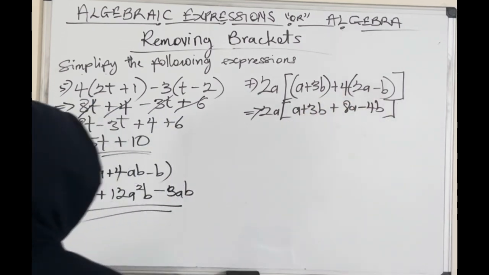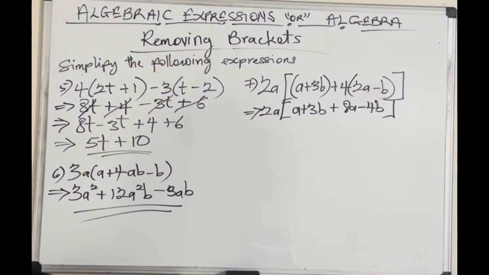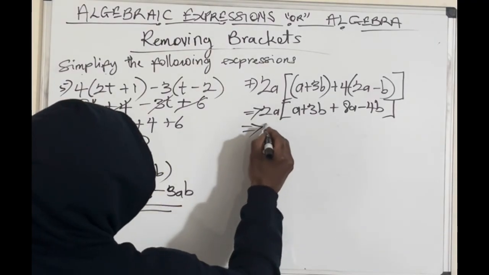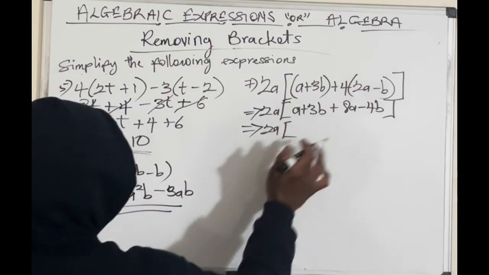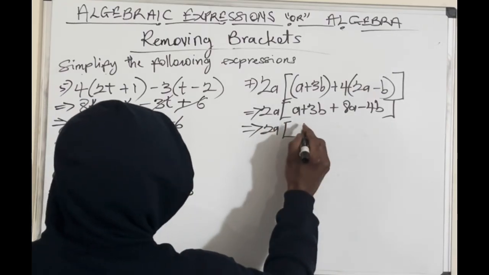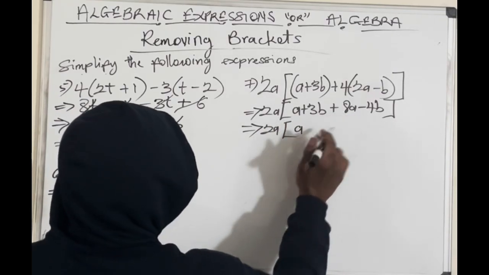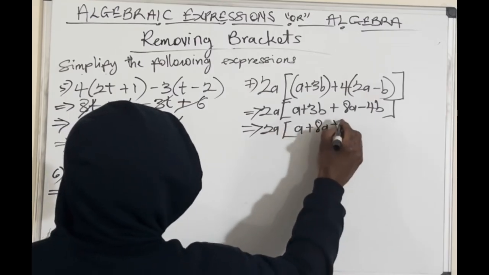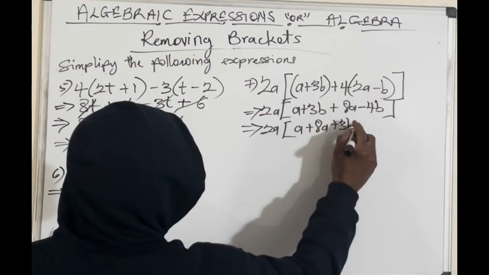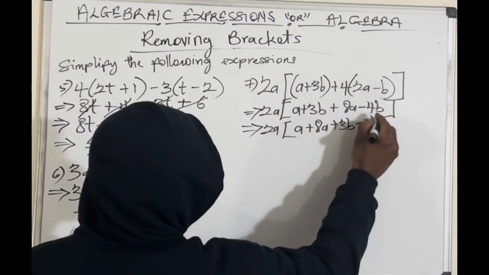We have removed the first bracket. Before we remove the second bracket, let's try to group the like terms inside it. We have a here, and then we have plus 8a. Then we have plus 3b, and then we have what? Minus 4b.